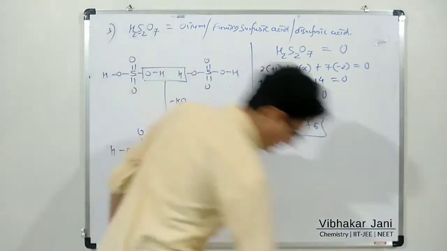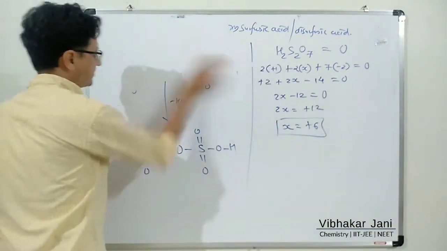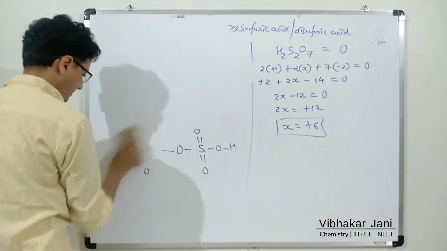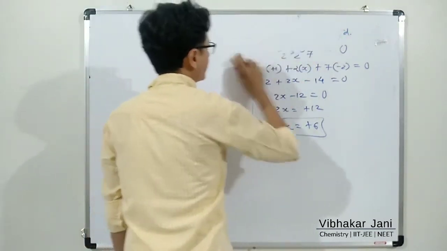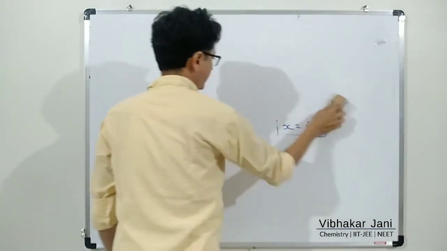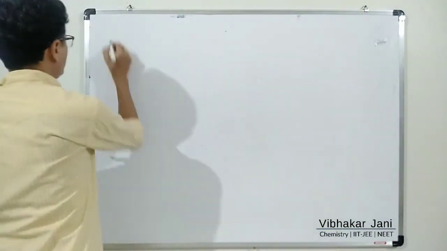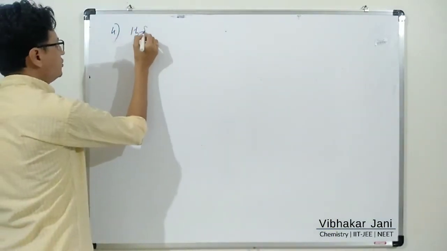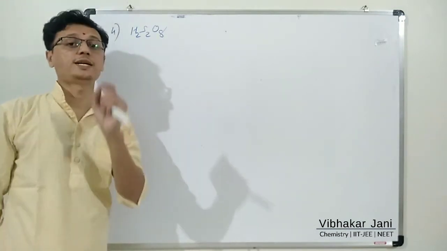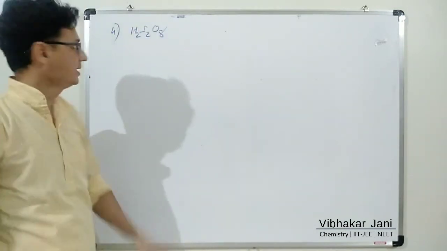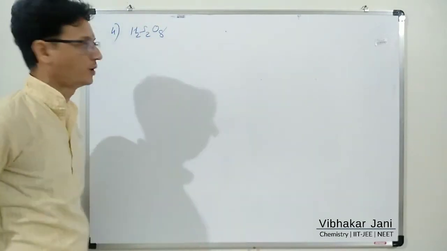Okay, now let us see the fourth example. The fourth example is H2S2O8. The third example was H2S2O7, but here it is H2S2O8, one oxygen more than the previous.